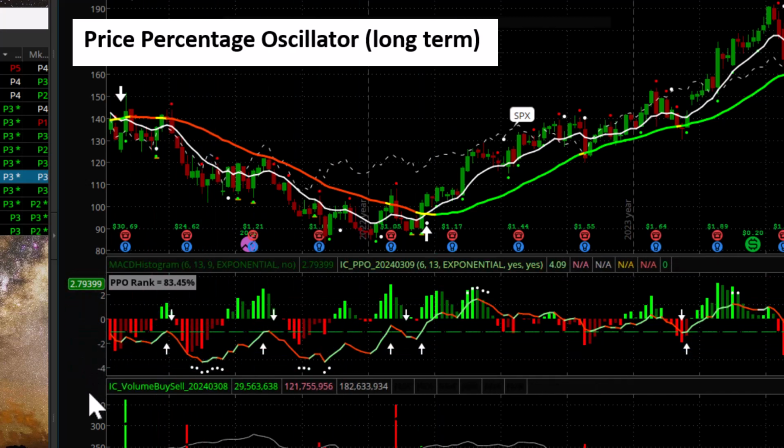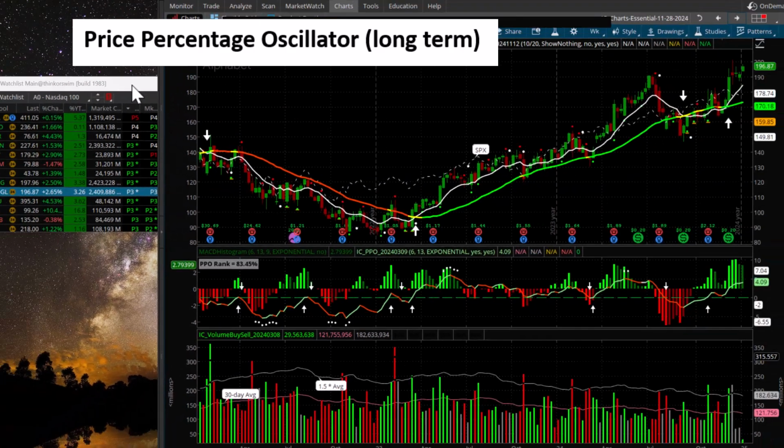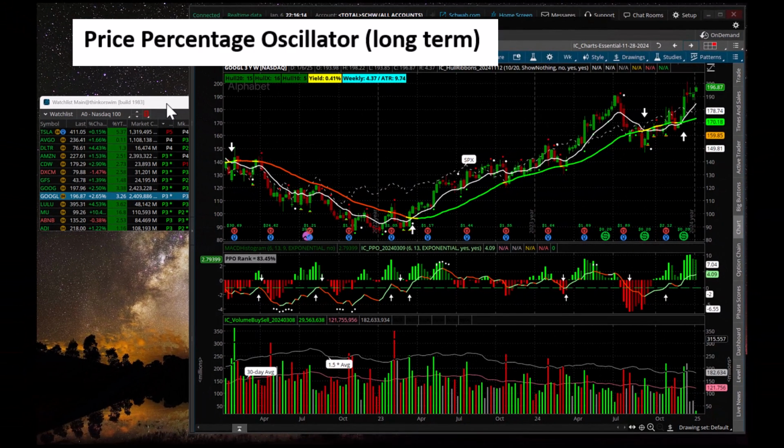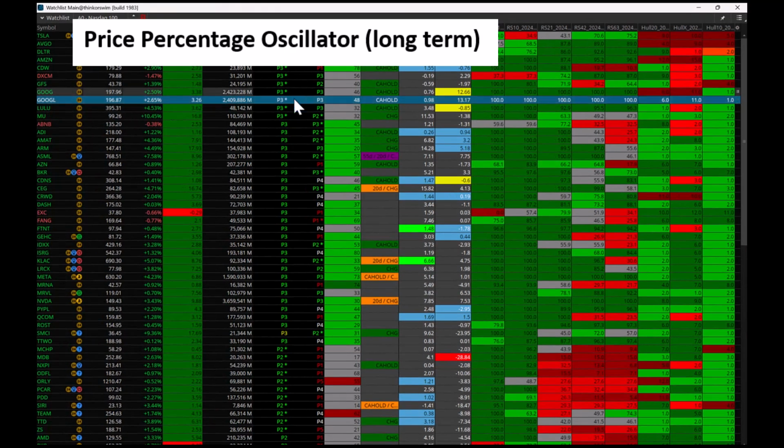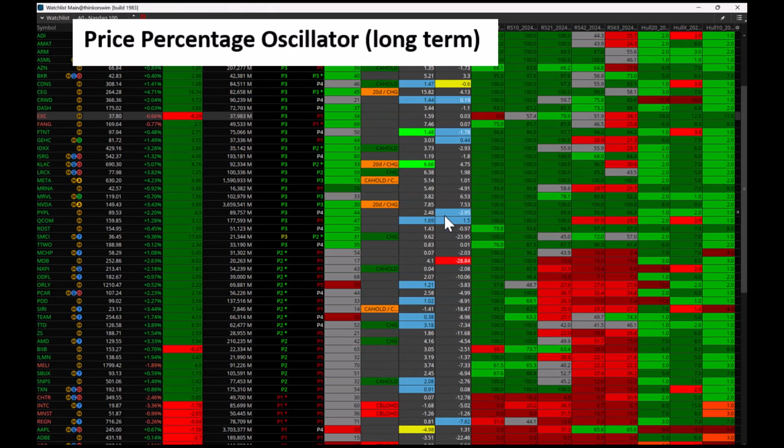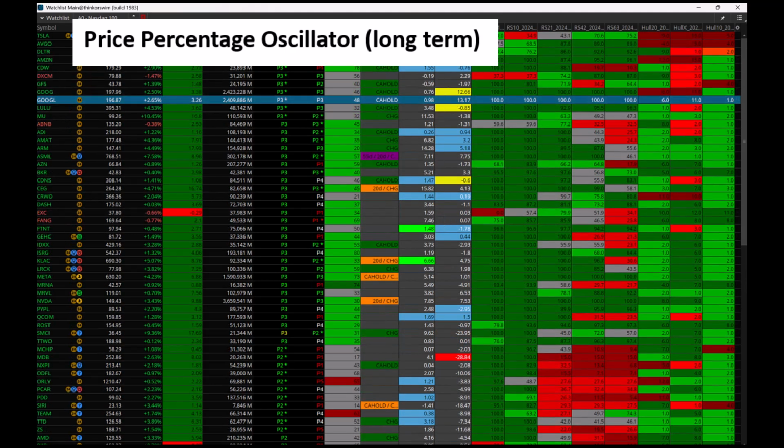And the thing that I like to look for is if I'm lucky enough to find a situation, let's see if I can find one here, on the monthly percentage gain or weekly bars, where we've got a white dot on a weekly chart.